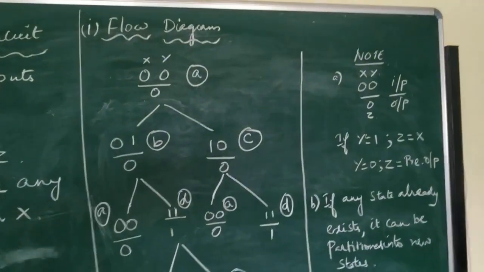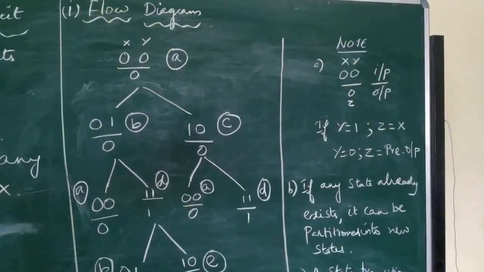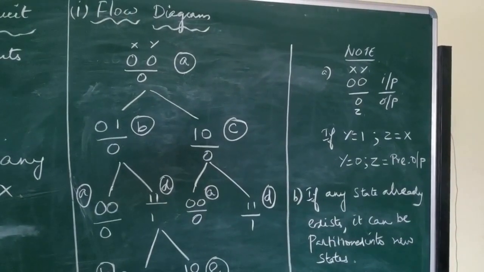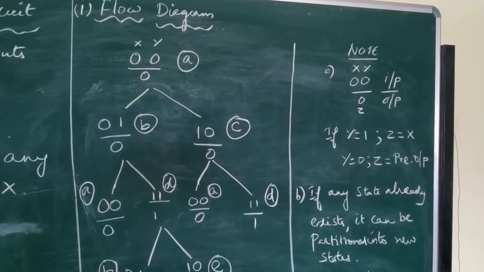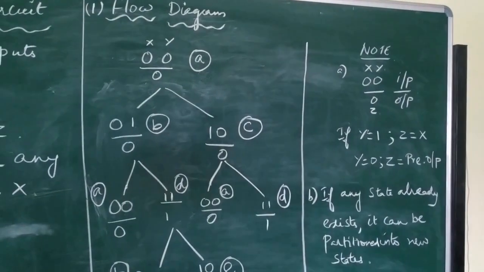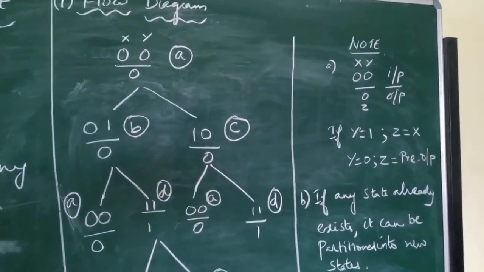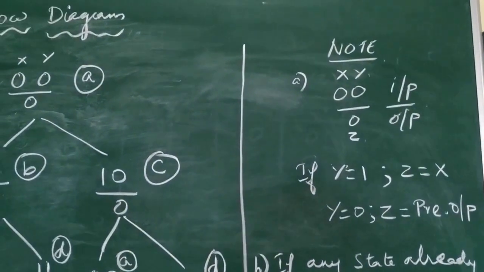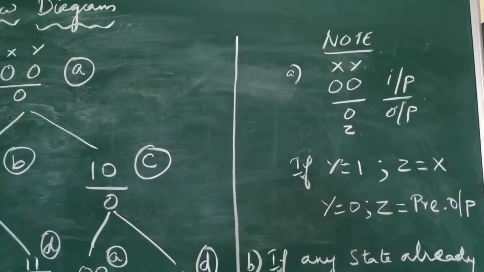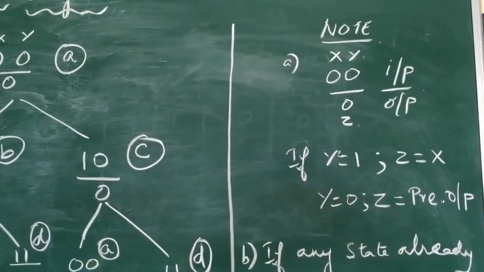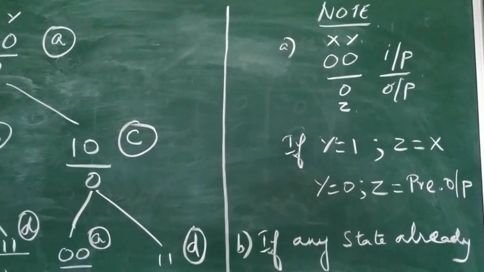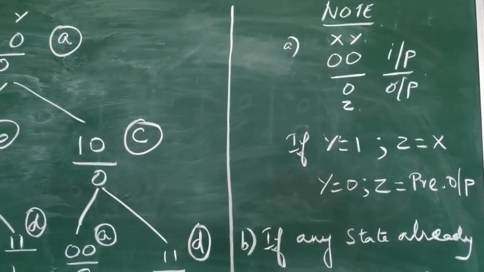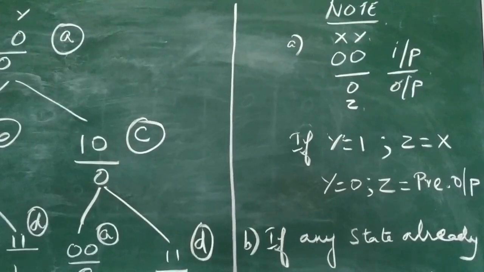So this is the flow diagram that I am going to explain now. To study the flow diagram, what is given in the problem, we have to just revise it. So I have given it as a note in the side of the board. If y is equal to 1, z is equal to x. If y is equal to 0, z is equal to previous output.